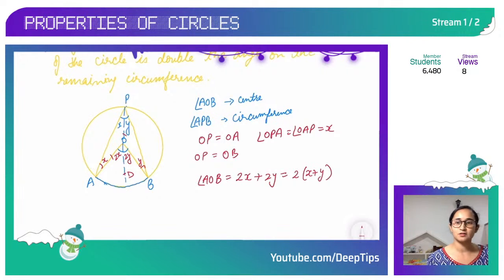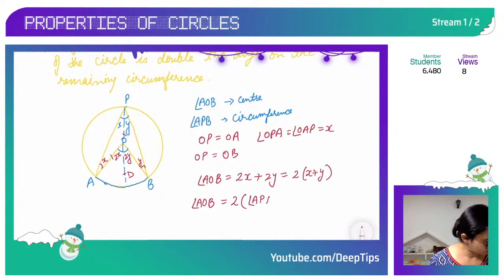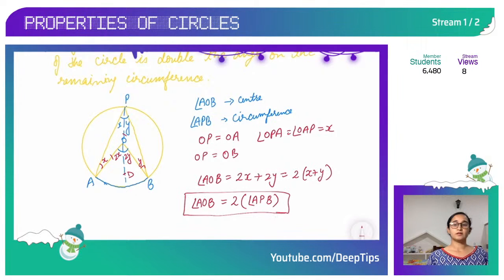And what is my x plus y? My x plus y is angle APB. So I can say my angle at the center is twice the angle on the circumference. So this is how we prove this theorem in the simplest way. That's why it is said that the angle at the center is double the angle on the circumference.